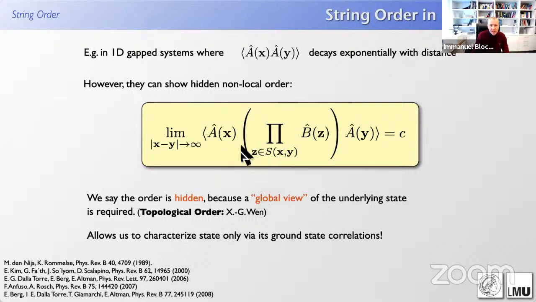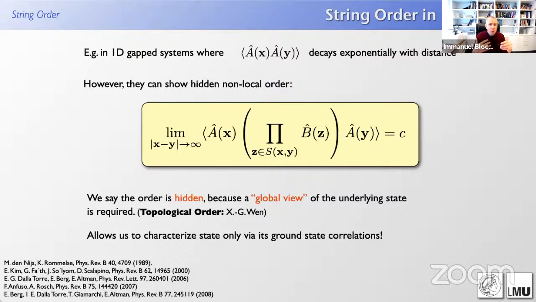So there you want to know how this operator correlates at points x and y. But in order for this to go to a constant value, you actually need to know what's happening in between those two points in space to predict what this correlator is going to be. So you not only need to know what's happening on x and y, you need to know what's happening on all the points between x and y also to predict a certain outcome.